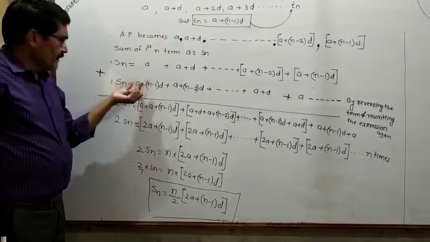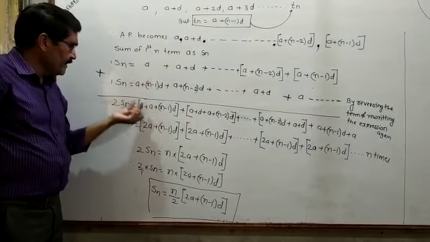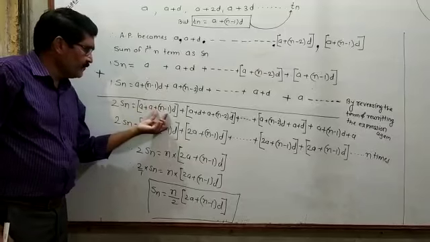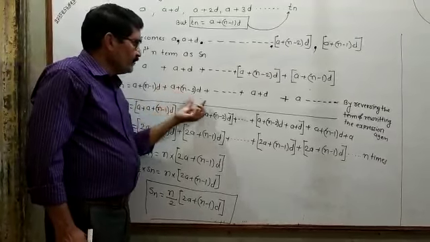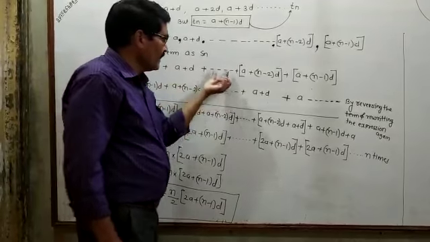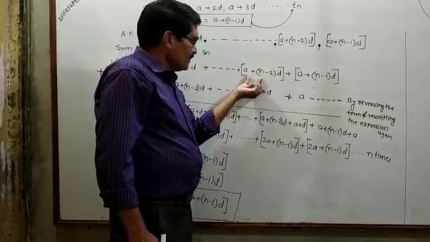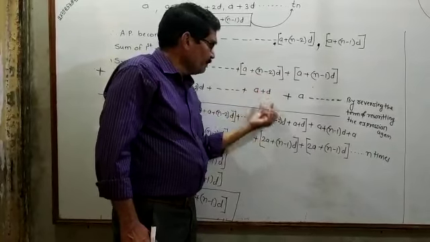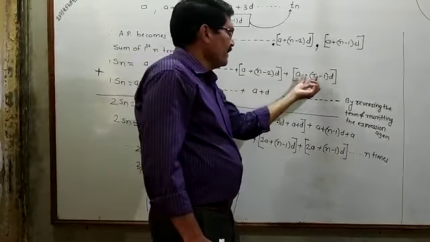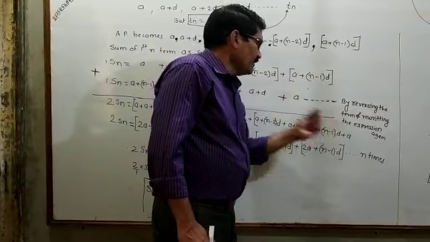Then this a, you have to write a here, a plus n minus 1 into d here, a plus d here, a plus n minus 2 into d here, plus dash dash dash as it is, plus this, a plus n minus 2 into d, plus a plus d here, a plus n minus 1 into d, plus a as it is.